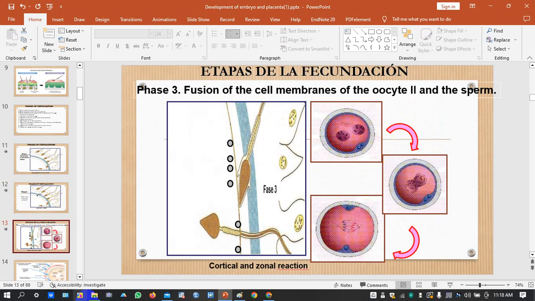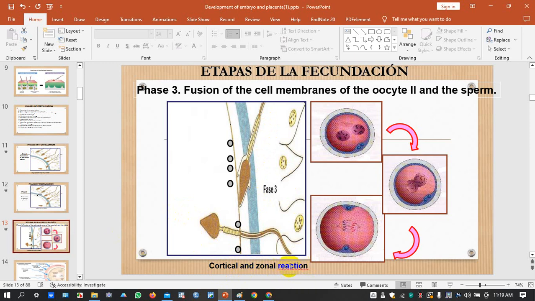Then phase 3 is the cortical reaction, when the head touches the plasma membrane of the egg cell. So afterwards it enters inside and fertilization begins to take place. So other sperms are excluded from entering. That is what we call the cortical and zonal reaction.